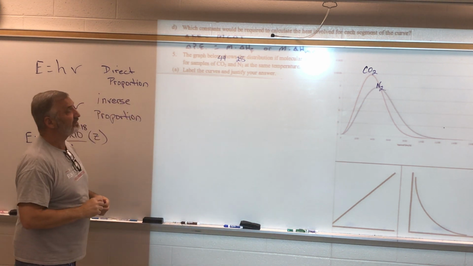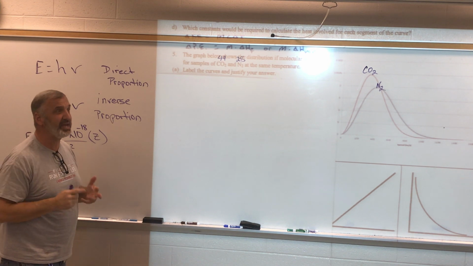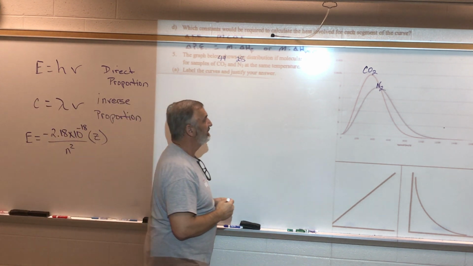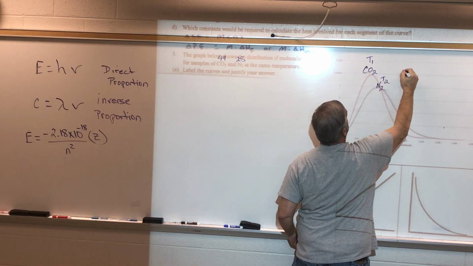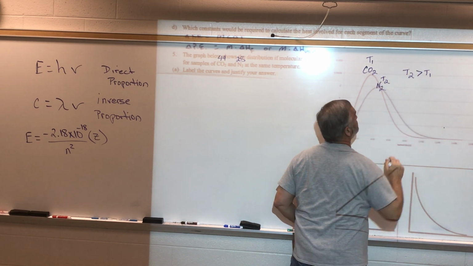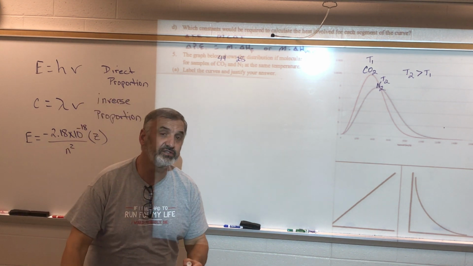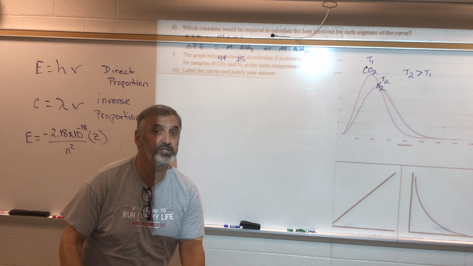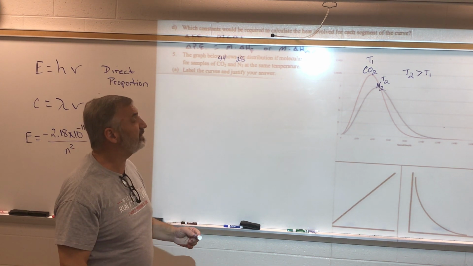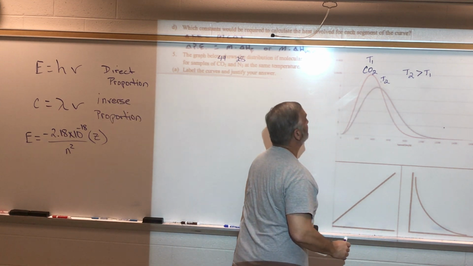Okay? Now, we can use that exact same graph though for the same gas at different temperatures. This would be T1 and this would be T2, where T2 is greater than T1. So you can either measure the speed of two different gases, where the smaller, lighter one's going to be moving faster, this peak's going to be farther to the right, or it can measure the same gas, let's just say it's CO2.